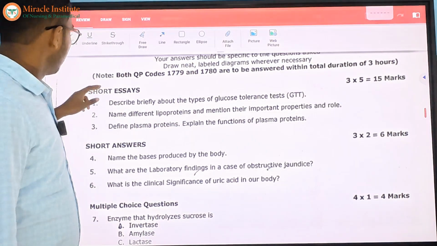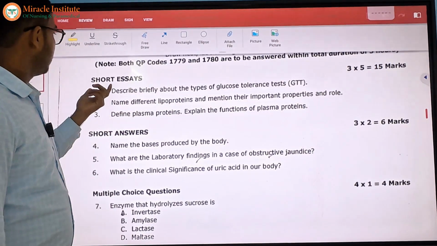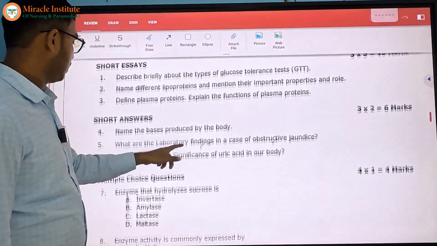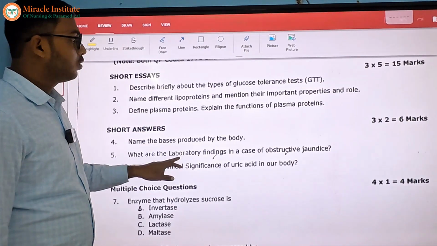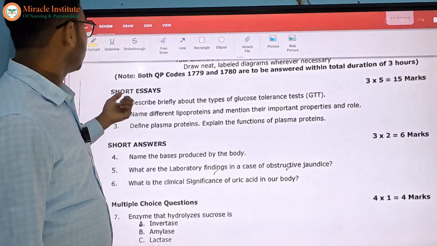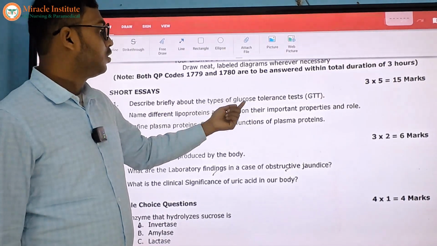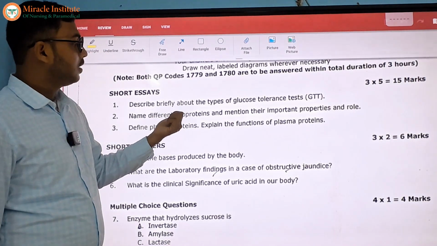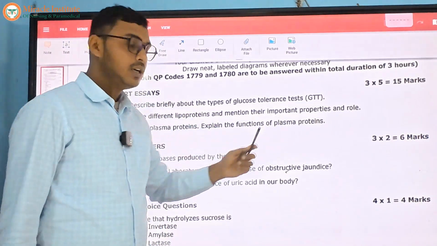There are 3 groups: short essay, short answer, that is short questions, and multiple choice. Let us go through the short answers. Describe briefly the types of glucose tolerance test, GTT. Name the different lipoproteins and mention their importance, properties and role.